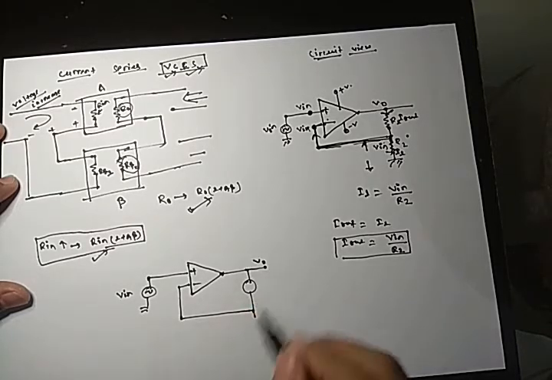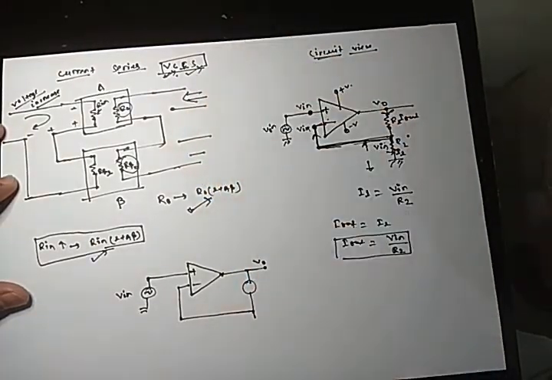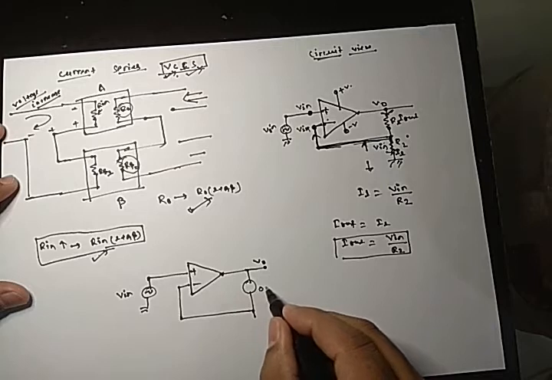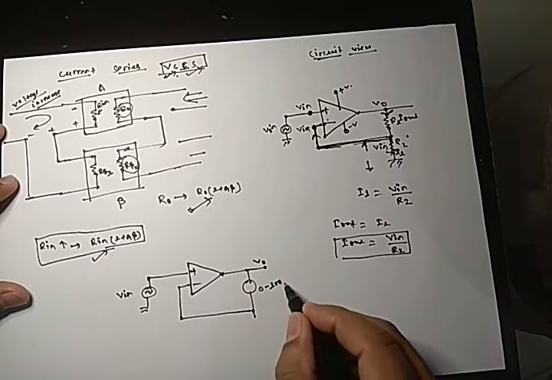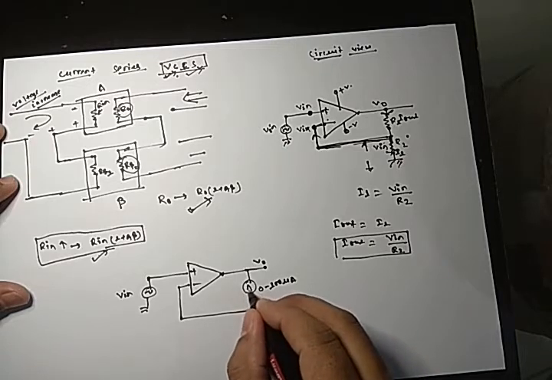Constant current source, because we have turned this into a voltage controlled current source. Now if we are having a 0 to 100 microampere range, this is your ammeter.